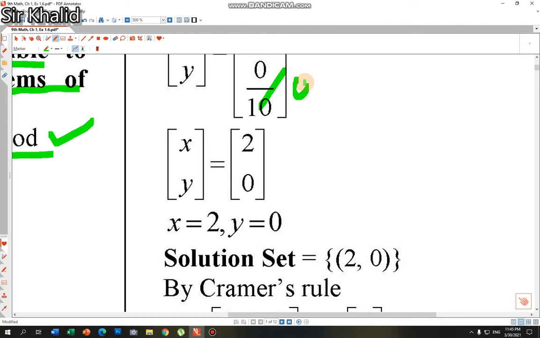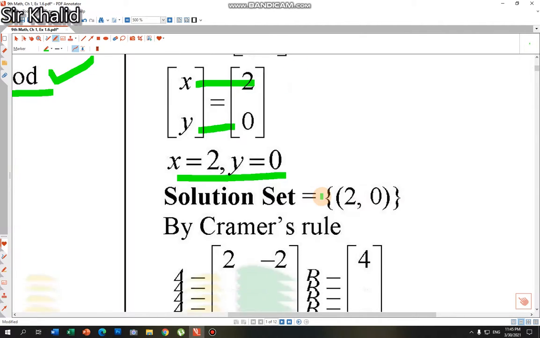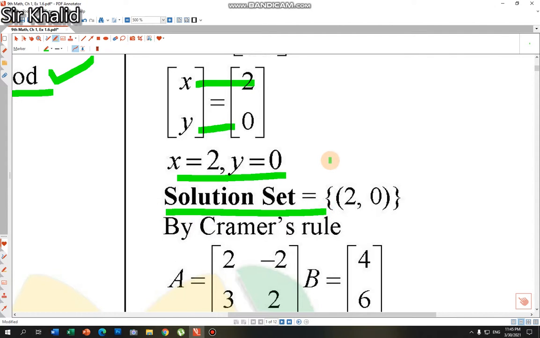It will give you 0. x is equal to 2, y is equal to 0. Write these values, x is equal to 2 and y is equal to 0, in curly brackets to give the solution set of this system of linear equations. Get it, all of you?